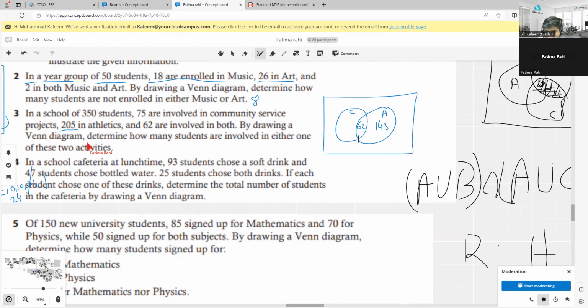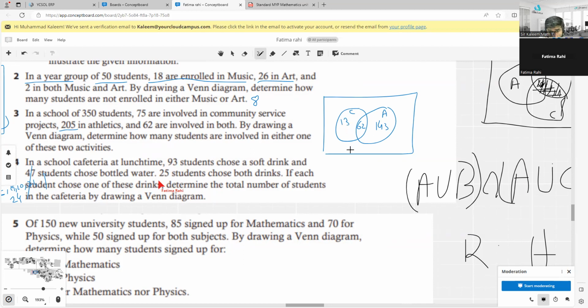So in total, athletics are 205, from which 143 are involved only in athletics, and 62 are in athletics and also in community services. So here we have a 13. That's the students that are involved only in community services.